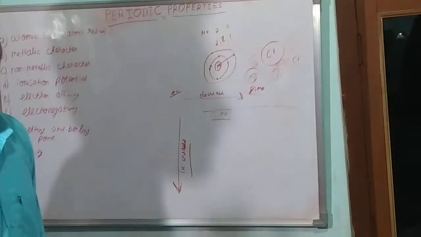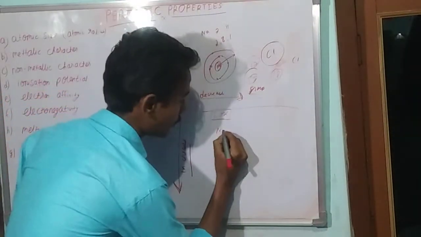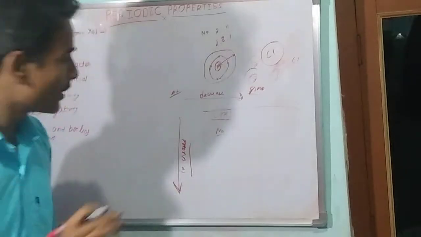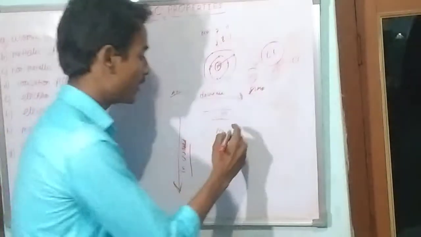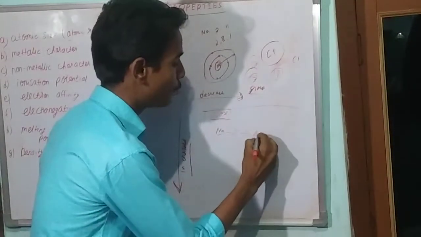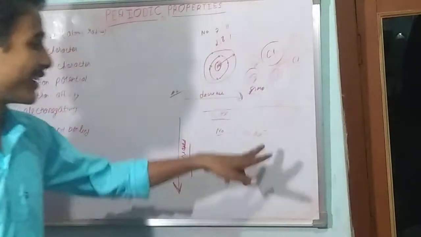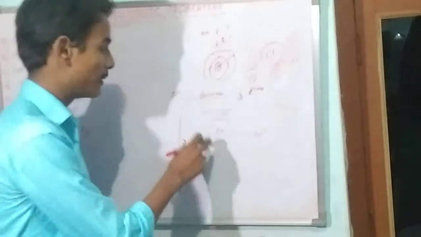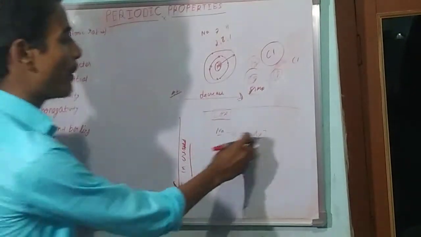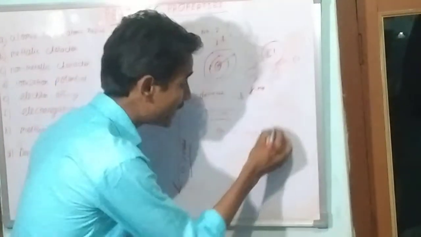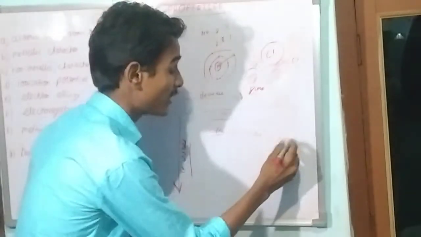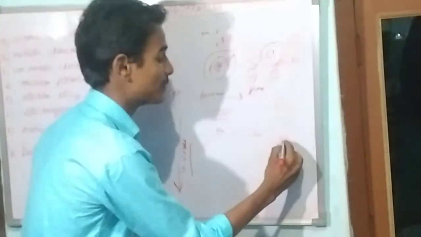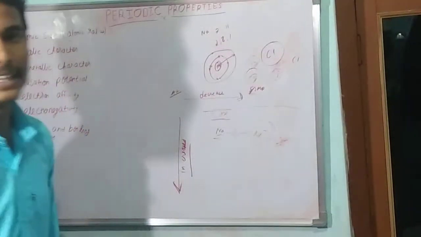For example, sodium is a parent atom. After losing one electron it forms Na+, a cation. So the Na+ size is smaller as compared to Na.